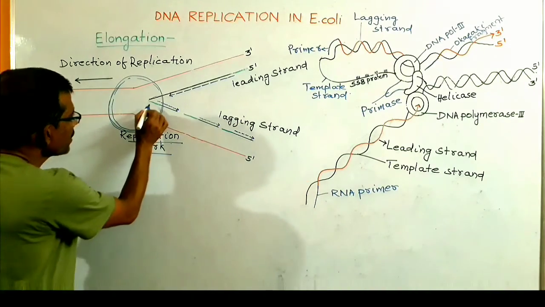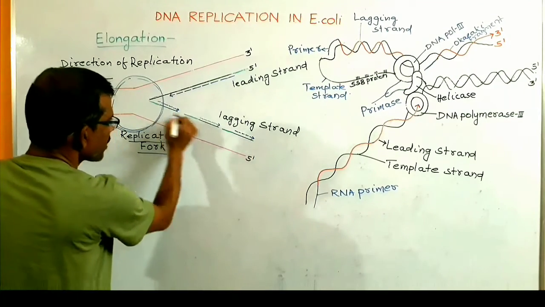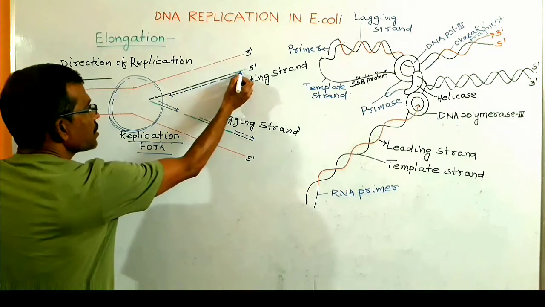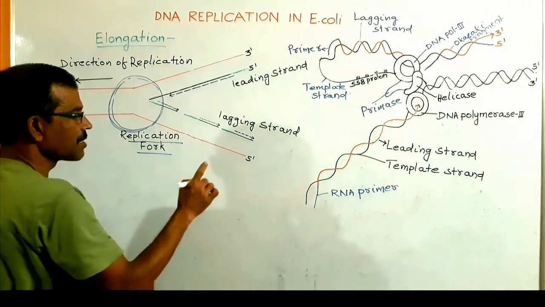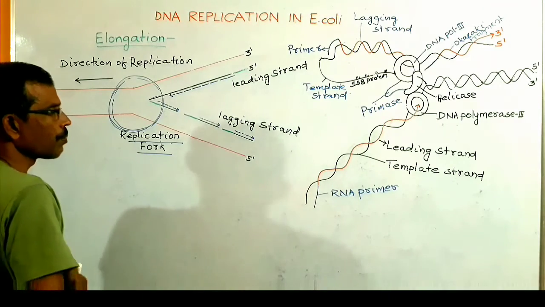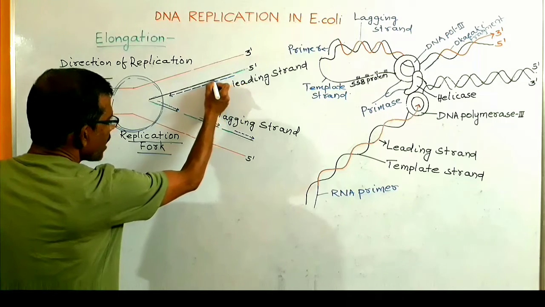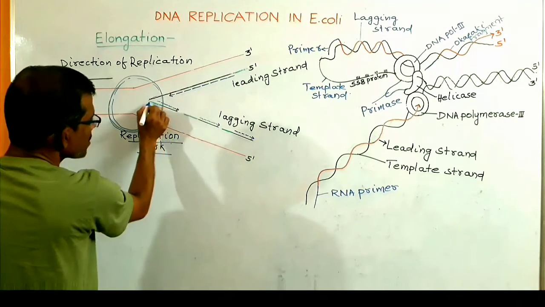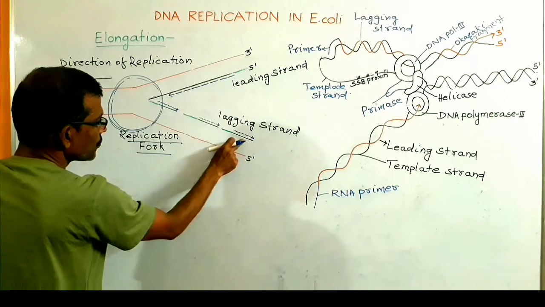While regarding the synthesis of this new complementary strand, direction is a problem, because the synthesis of these two new strands is catalyzed by a single dimer of DNA polymerase 3. So while this strand is synthesized in this direction, 5' to 3' direction, this strand has to be synthesized in the opposite direction.